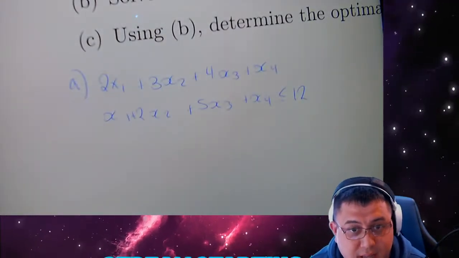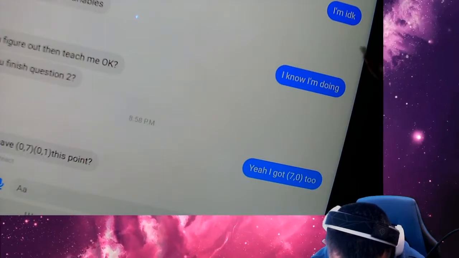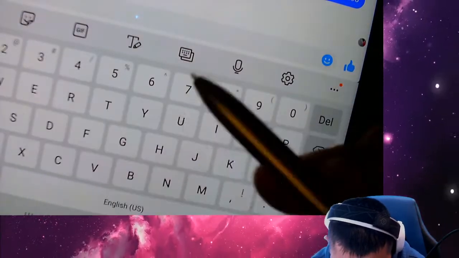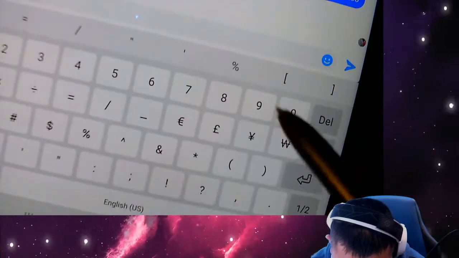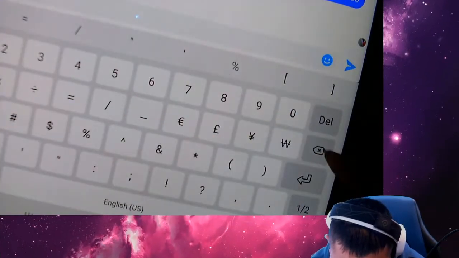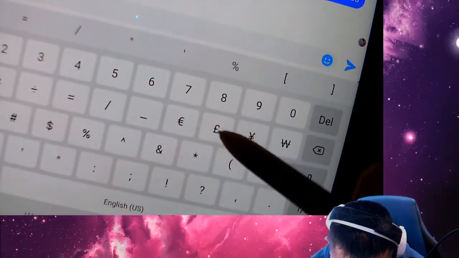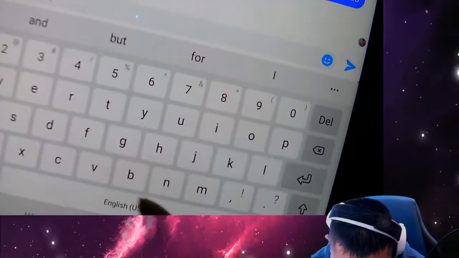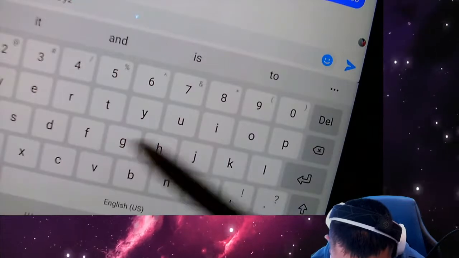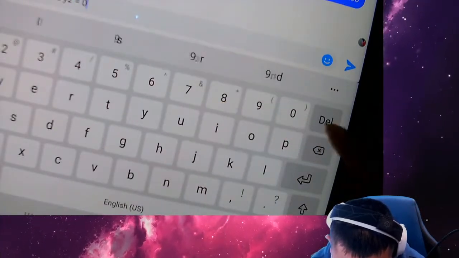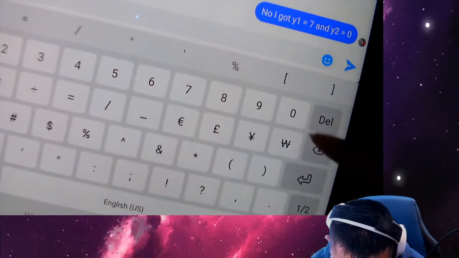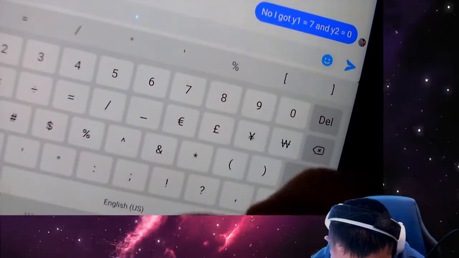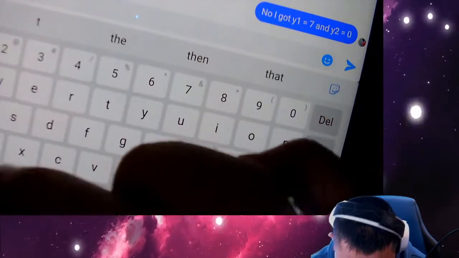That doesn't seem very intuitive, but like, huh? What? No, I got y1 is equal to 7. I said y1, your y1 is equal to 7, and y2 is equal to 0, and t1 plus t2, what is it?